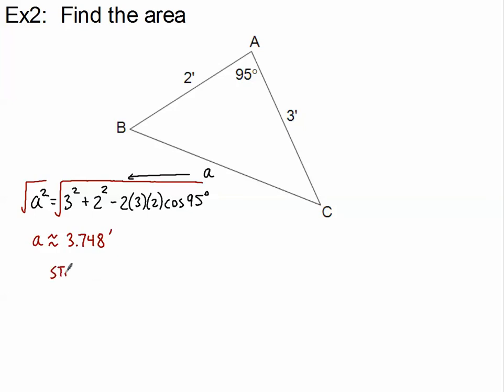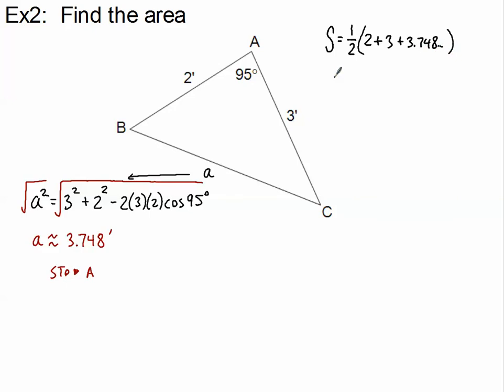And I'm definitely going to store this in my calculator. I would store this in for alpha A. I'm not going to circle it because that's not really our answer, but we're going to need that later on. Now that we have a, we have all three sides, let's go figure out what s is. s is going to be 1/2 the sum of these three sides, 2 plus 3 plus 3.748, dot, dot, dot.